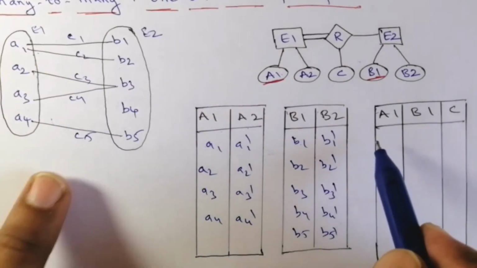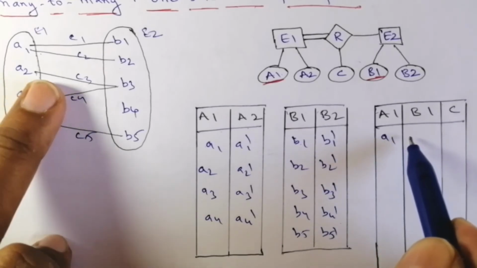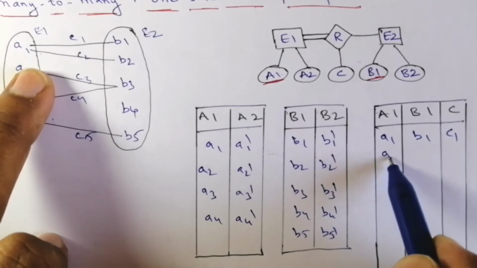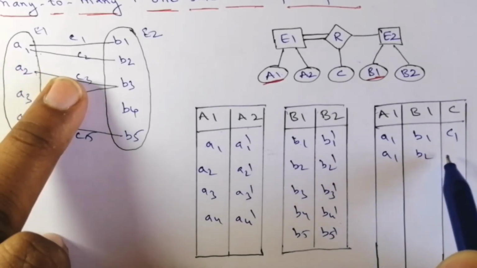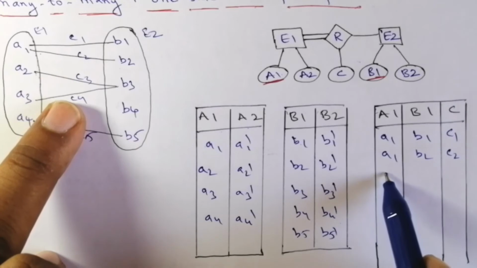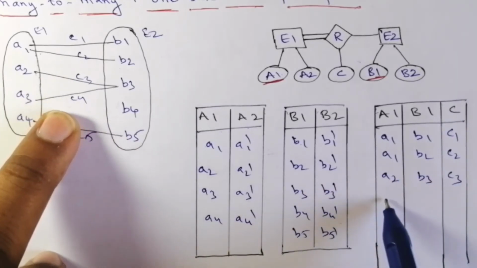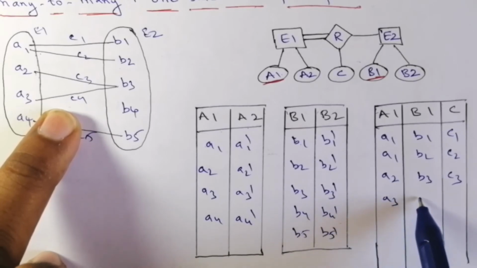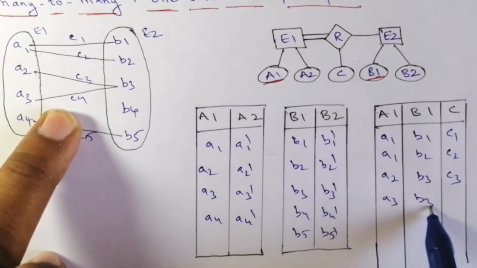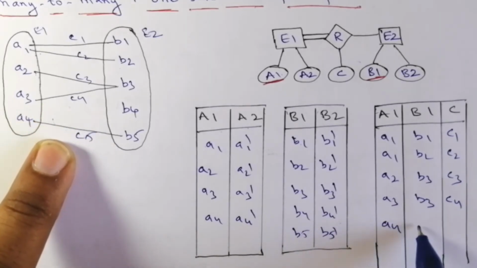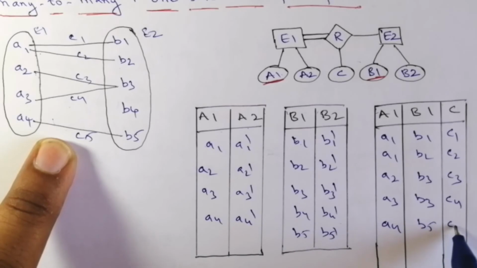So if you consider this, a1 b1 c1, and a1 b2 c2, and a2 b3 c3, and a3 b3 c4, and a4 b5 c5, and b4 is left here, so b4, and here null and here null.